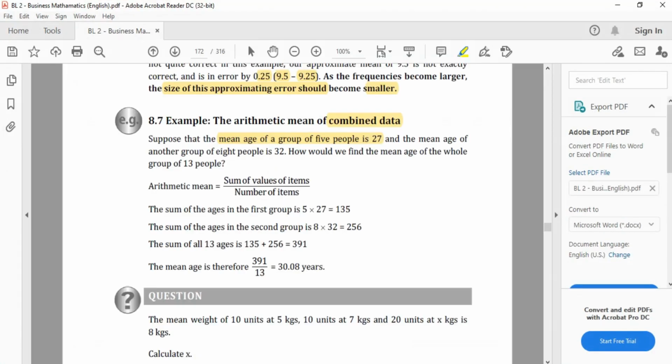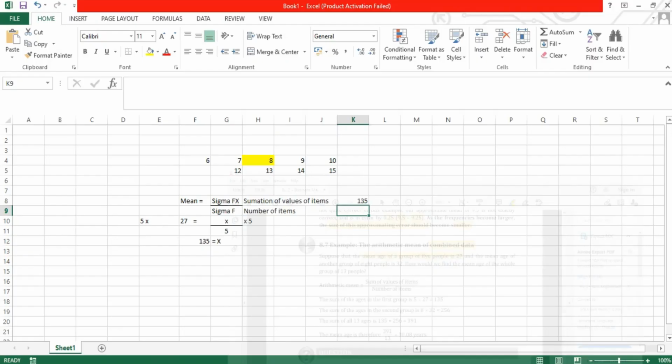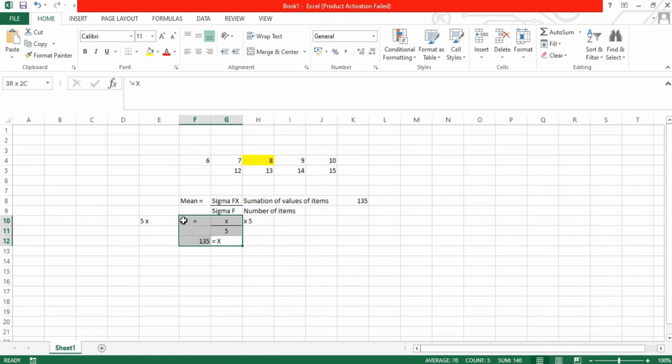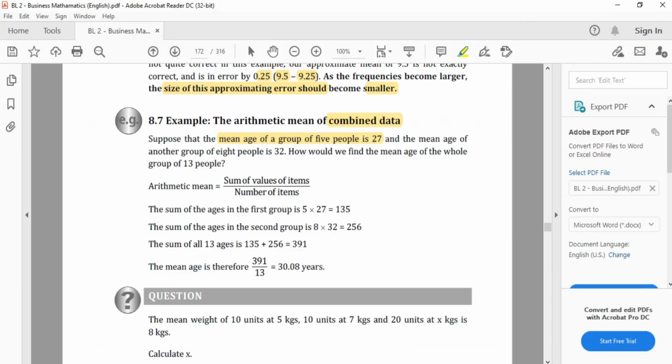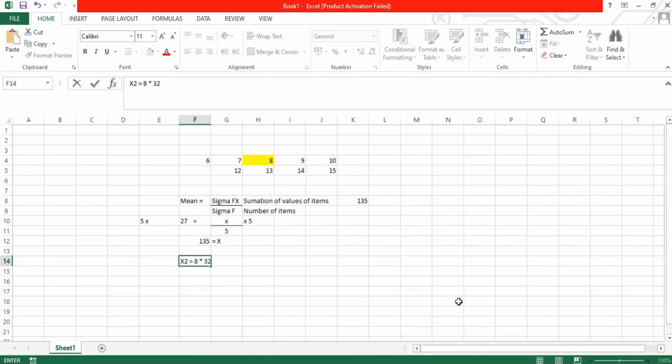Then the second group, 8 people and a mean of 32. So straight away, the same formula you should apply, same method. I am going to take x2 for the second group, which is 8 multiplied by 32, and that is 256.